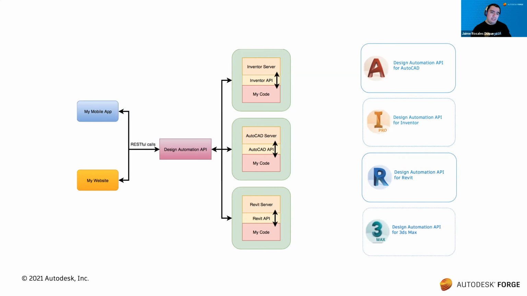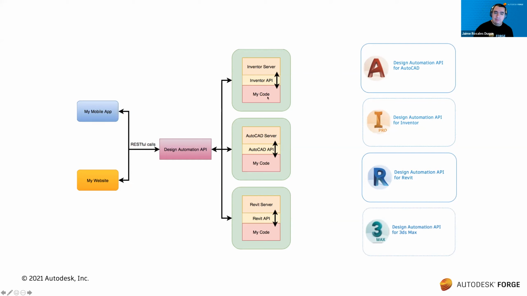Okay, and then where can this be used? One of the benefits is that you can have, let's say, your own mobile app, your website, your web application, use design automation, and then basically send it over to one of the servers, depending on what kind of interaction you want to do. In the servers, we're going to need a couple of things to be happening there.